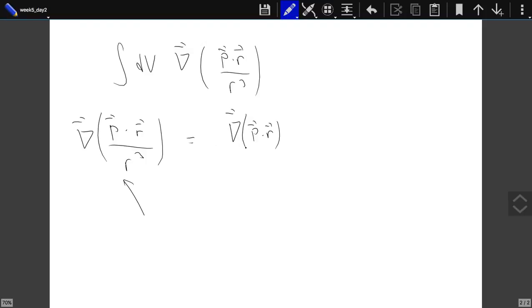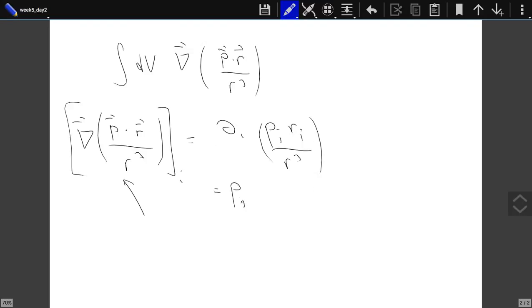We are taking the P out and we want the right values. Do the component thing. In terms of component, this is a vector, right? So let's look at the I component. The I component is del I of Pj Rj over R cubed.